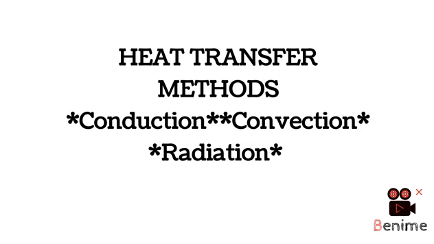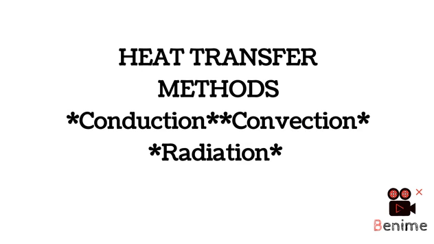Then there are different methods of heat transfer. Heat can be transferred by different processes. There are three of such processes: conduction, convection, and radiation. So this is on the basis of the medium of transfer of the heat.